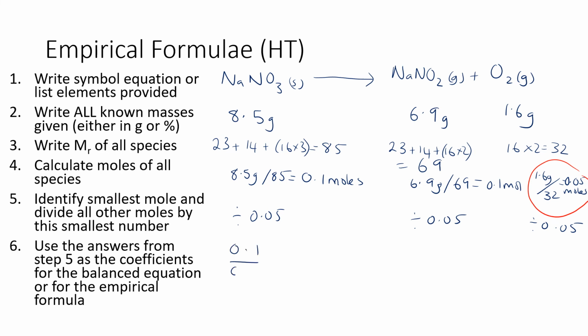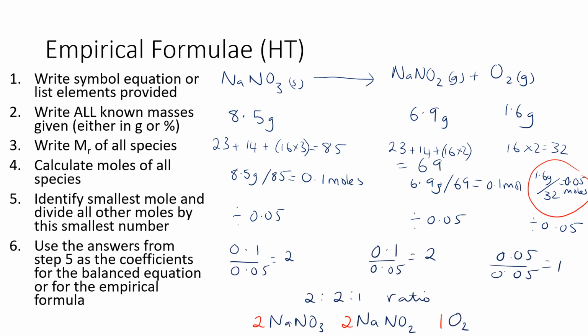So I will get an answer of 2 for sodium nitrate, 2 for sodium nitrite, and 1 for oxygen. So it's a 2-to-2-to-1 ratio, and you can see in red where I've put those coefficients. Now I can put them into my formula to show the ratios as coefficients. And that is essentially how you work out the empirical formulae.